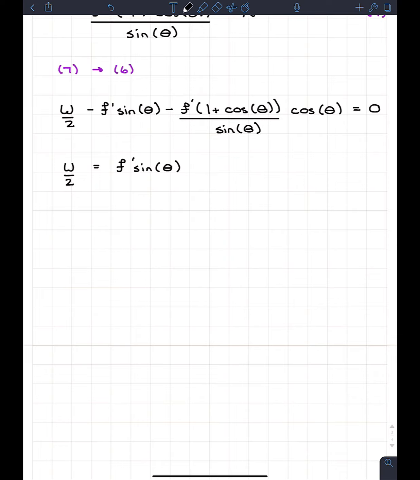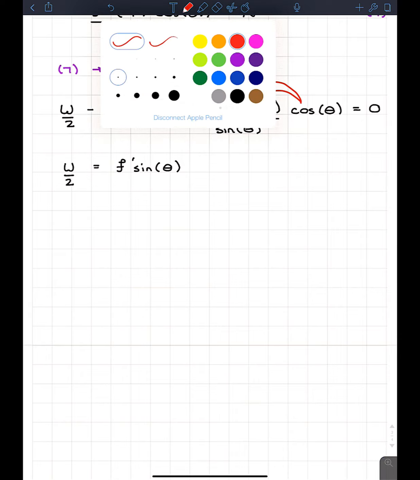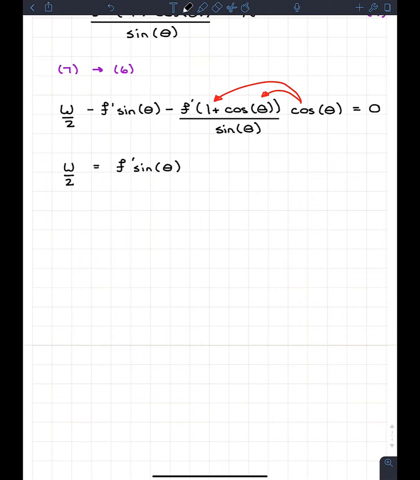But what I'm going to do, hopefully to find a relationship, is I'm going to take this cosine theta at the end here, and I'm going to multiply it in to give me kind of two separate terms. So I'm going to multiply this in like this. So the first one I'm going to have is f prime, so plus f prime, and then times cosine of theta, because cosine of theta times 1 is just cosine of theta, divided by sine theta.